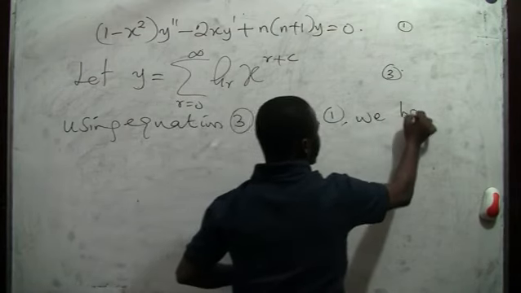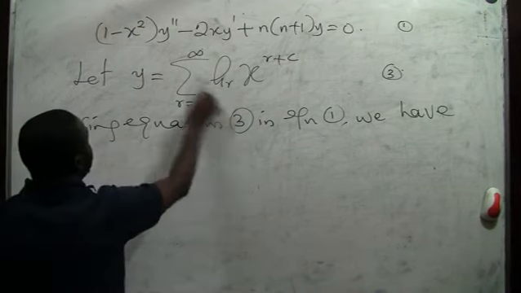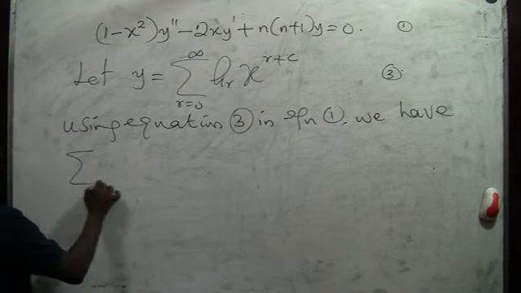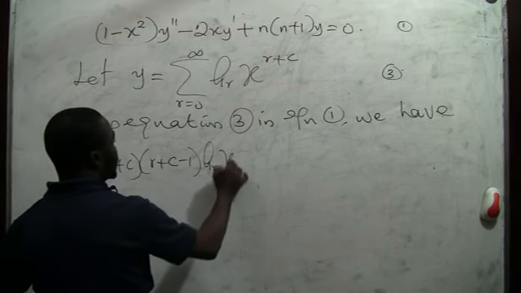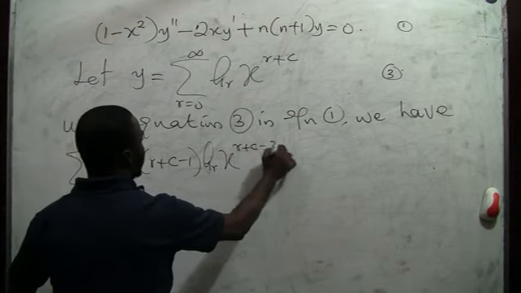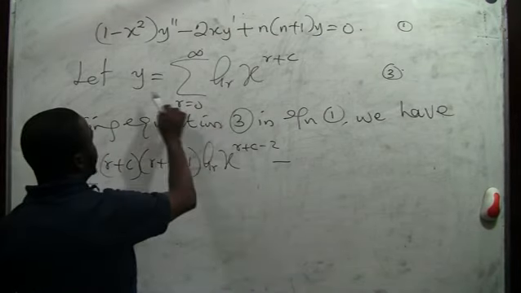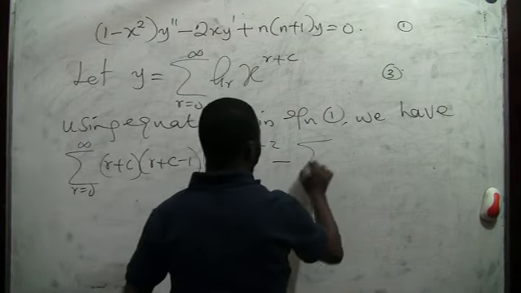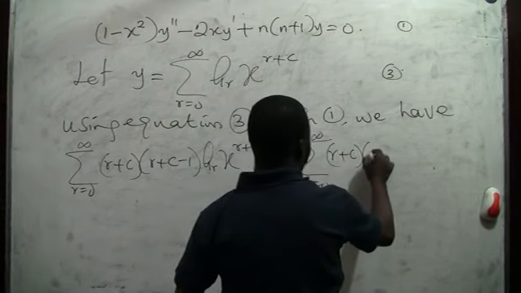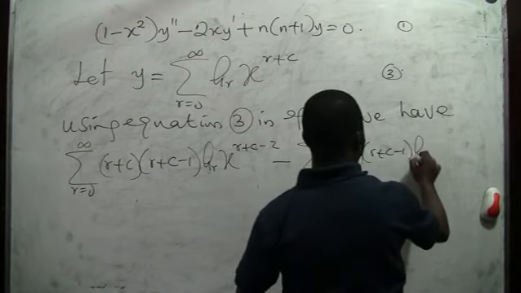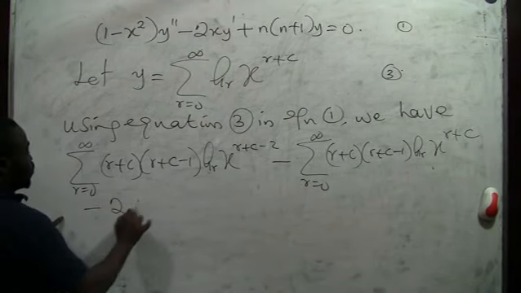Let's see what the result will look like. If I differentiate this twice and multiply by 1, I will generate the summation of (r plus c)(r plus c minus 1) a_r x to the power r plus c minus 2, from 0 to infinity, minus the second derivative of y multiplied by x squared, which results in the summation from 0 to infinity of (r plus c)(r plus c minus 1) a_r x to the power r plus c, then minus twice the summation.